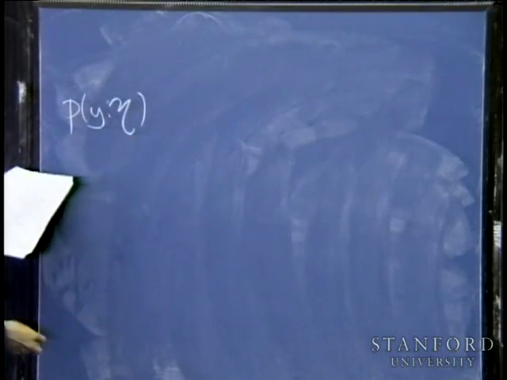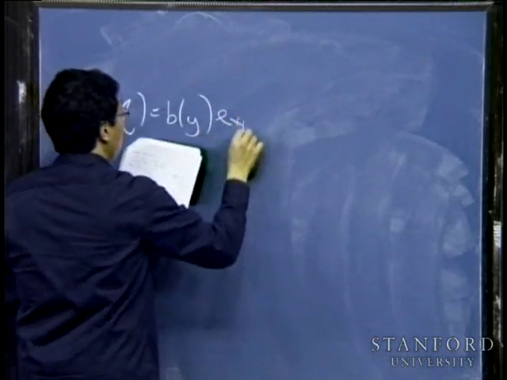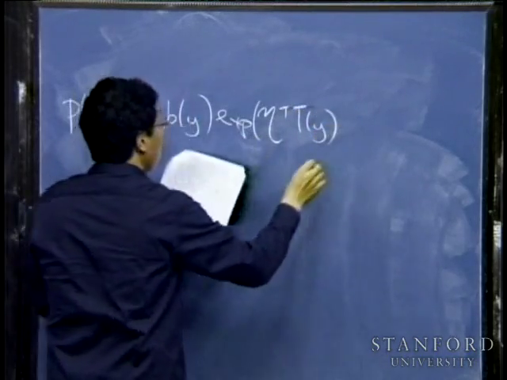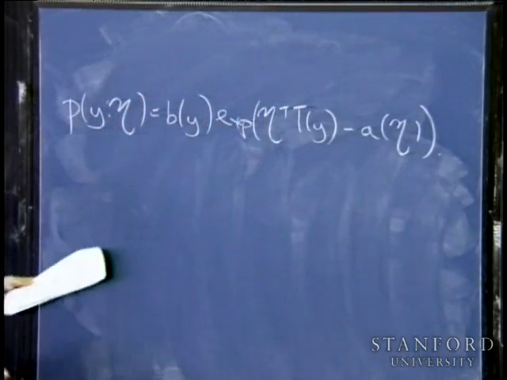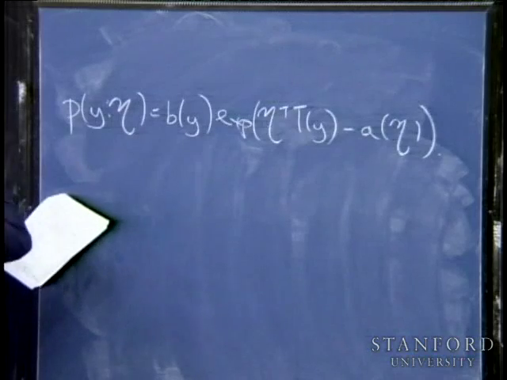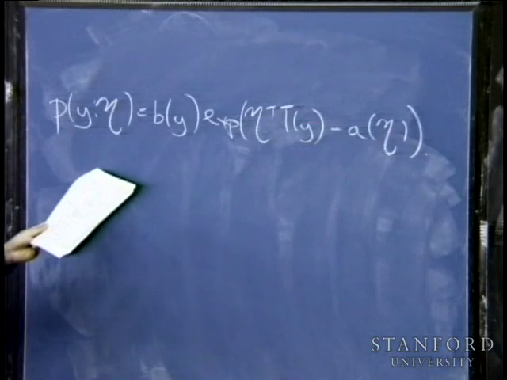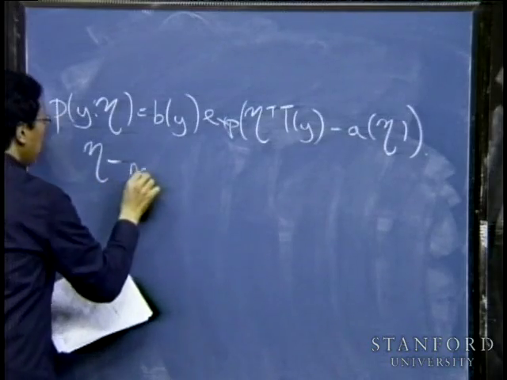P of y parameterized by eta is equal to b of y times exp of eta transpose T of y minus a of eta. Let me give some of these terms names, and I'll say a bit more about what this means.